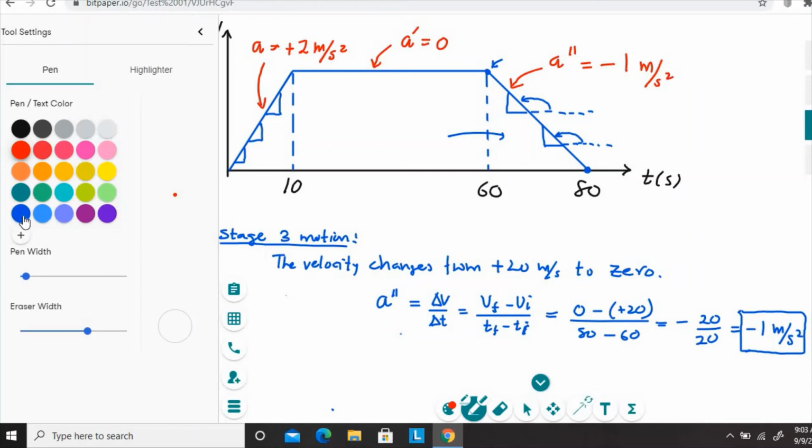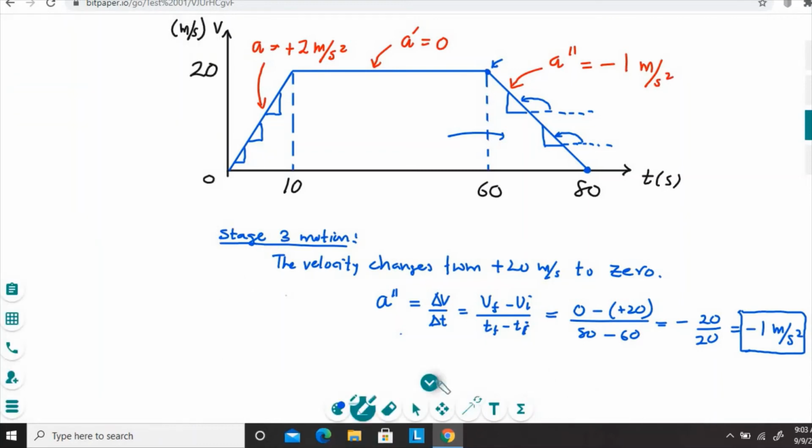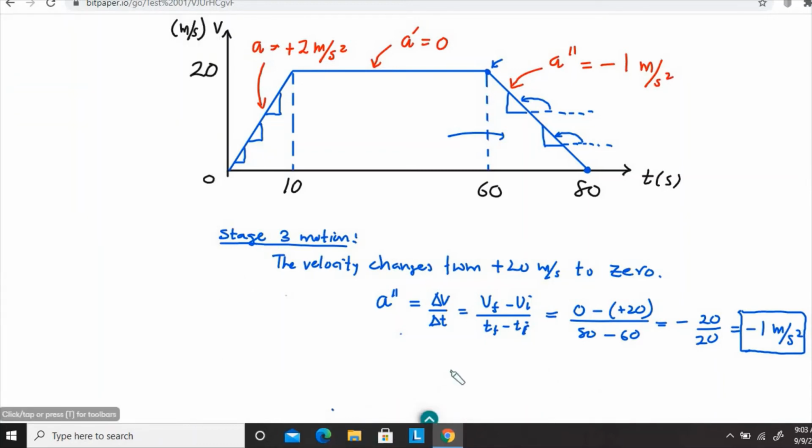So what does that mean? It means that the direction of the acceleration is opposite to the direction of velocity. You can see plus meaning to the right, minus meaning to the left. So the object for this stage 3 is slowing down, and we call it deceleration.